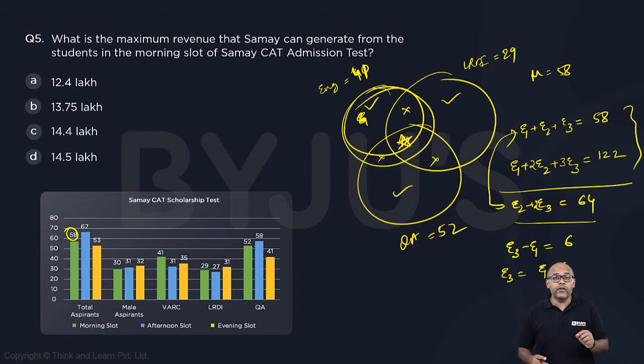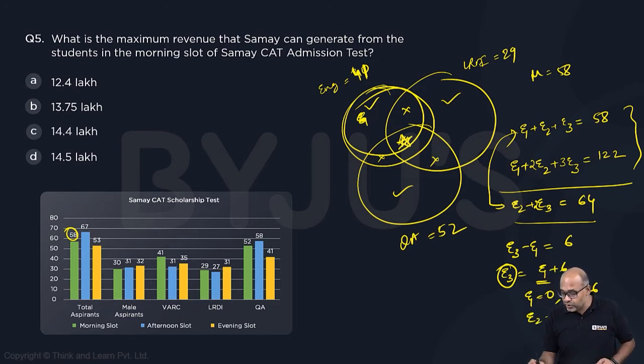Now remember, we want the minimum number of people to clear the cutoff, which means the minimum number of people clearing all 3 sections. So exactly 3 should be as low as possible. The minimum for E1, because it's a number of people, is 0. If E1 is 0, then E3 will be 6. If E3 is 6, then you will get E2 as 52.